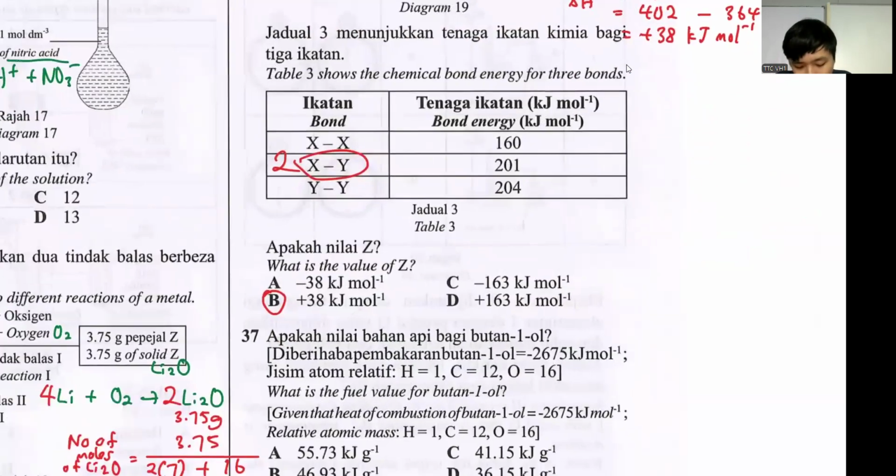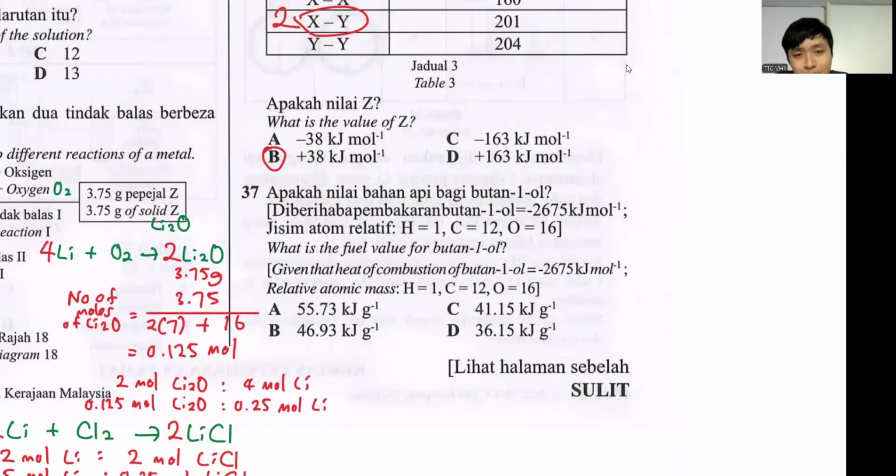Okay, so you got question 37. What is the fuel value for butan-1-ol? This one is also from 533. If the heat of combustion of butan-1-ol is negative 2675 kilojoule per mole.